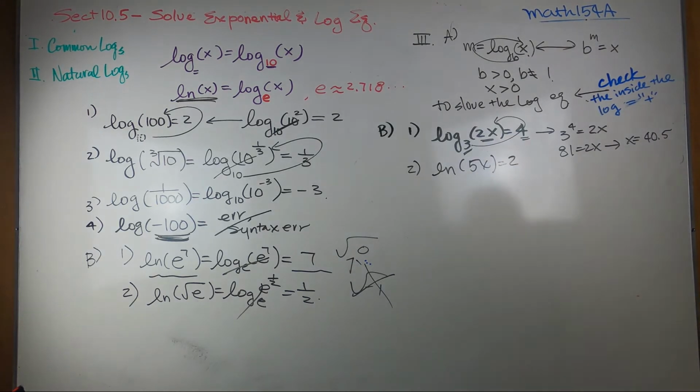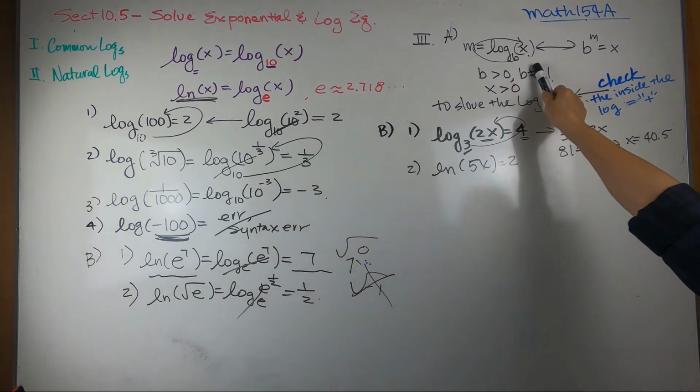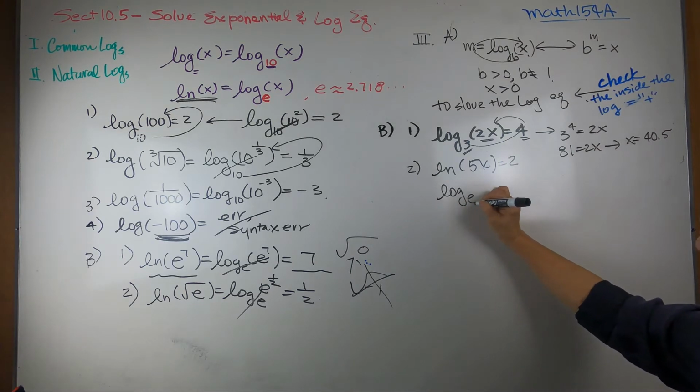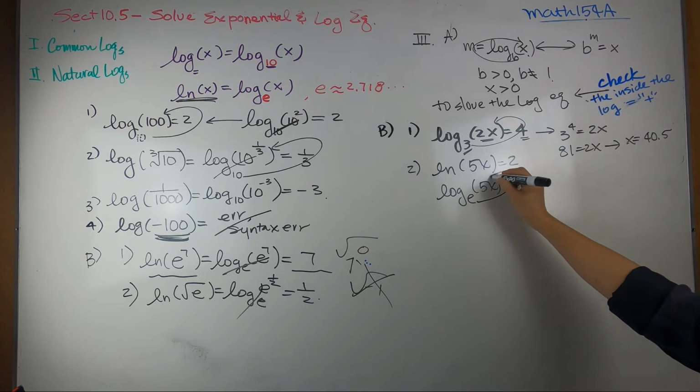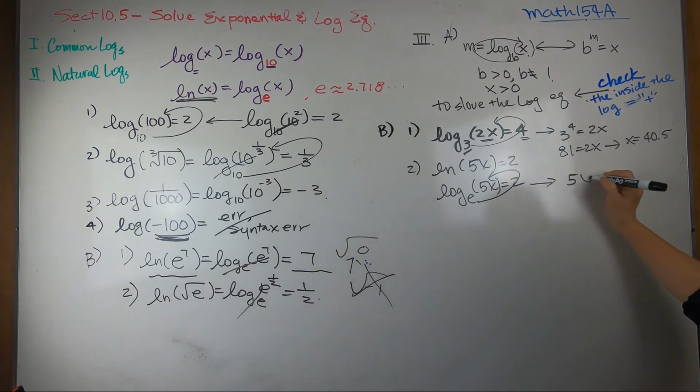How are you going to do it? You still use the basic concept, okay? It means what? Log base e, 5x is 2, right? Now you do the hooking, right? Then what do you have? Your 5x is what? e to the square, right?